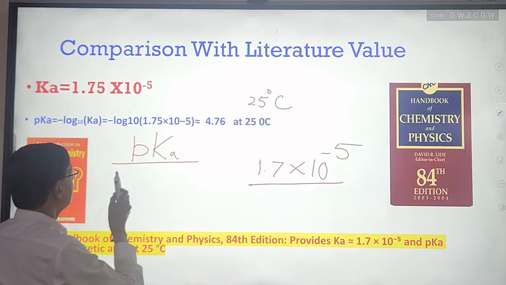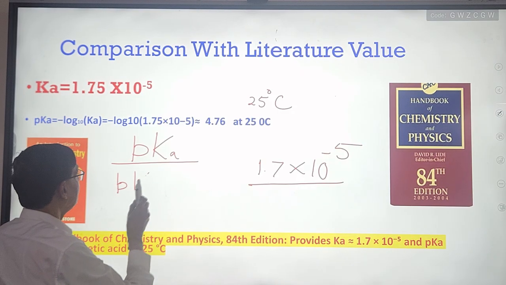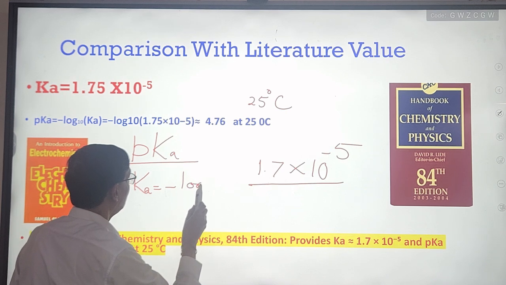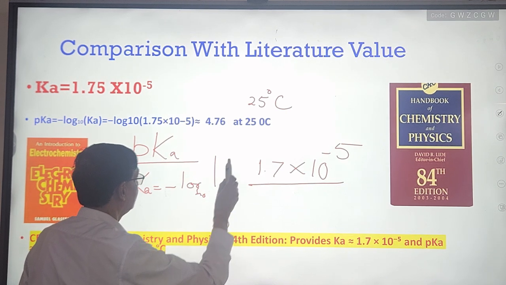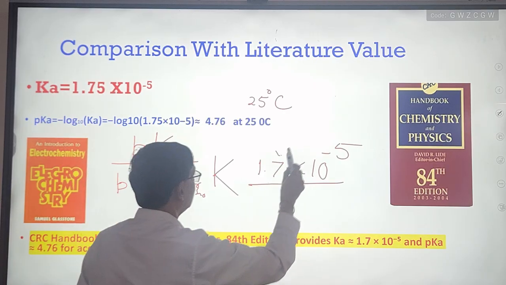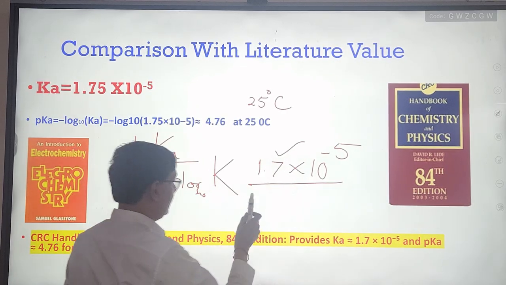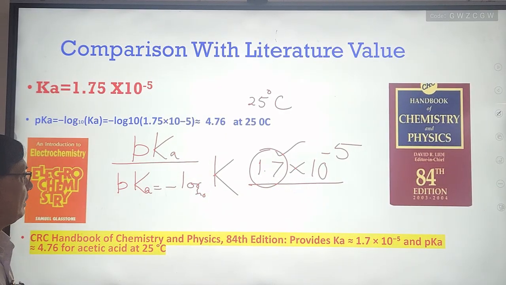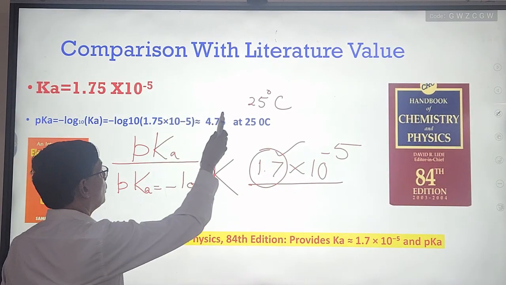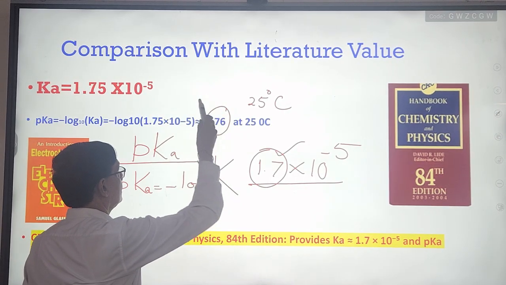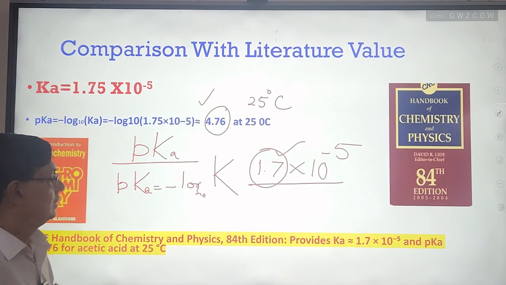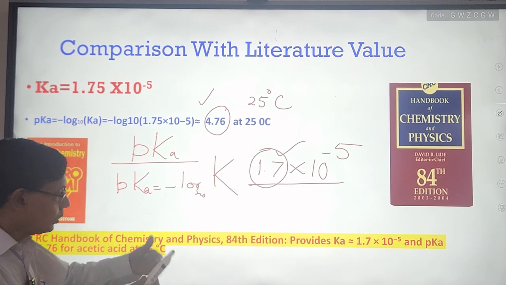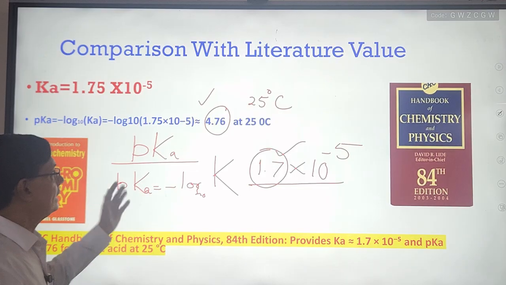We all know that pK is equal to minus log base 10 of K. If you know the value of K, 1.7 into 10 to the power minus 5, and take the logarithm, we get the value 4.76. So I'm very happy that your result is very close to the literature value.